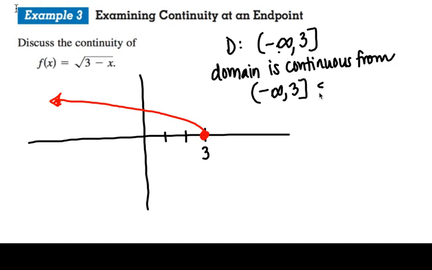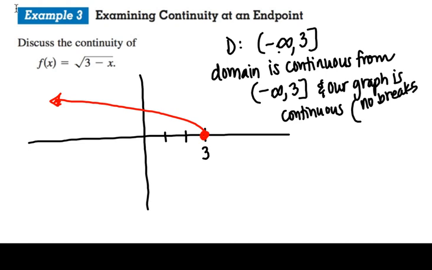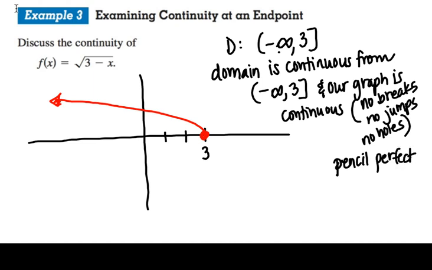And our graph is continuous, meaning we don't have any breaks, so no breaks, no jumps, no holes. I'm going to say pencil perfect, meaning you don't have to pick up your pencil when you're drawing it. So let me show you. You don't have to pick up your pencil, it just keeps going, boom, boom, boom, close it in, never had to pick up the pencil.